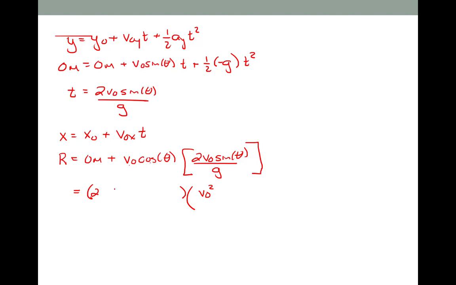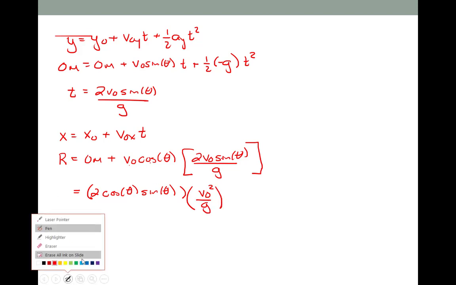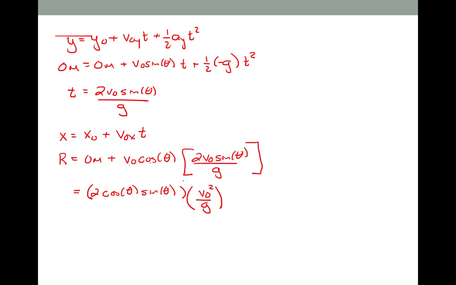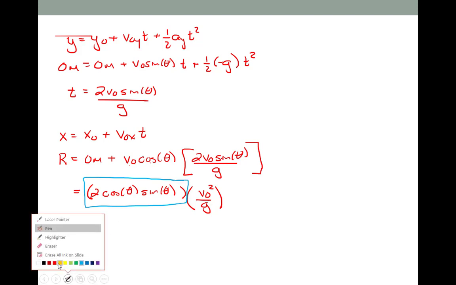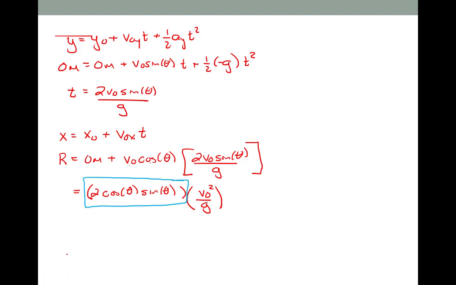I have cosine theta, and I have sine theta. And the last piece I have is g. And now if you look, sitting right there in those beautiful parentheses is the body of that trig identity that I gave you at the beginning of this problem.